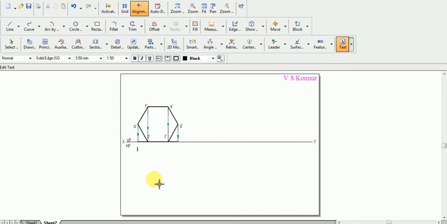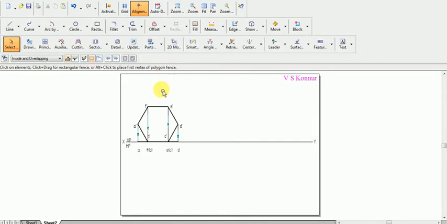Then naming: A is visible, F is visible, inside the bracket B, next E is visible, inside the bracket C, then D dash D.